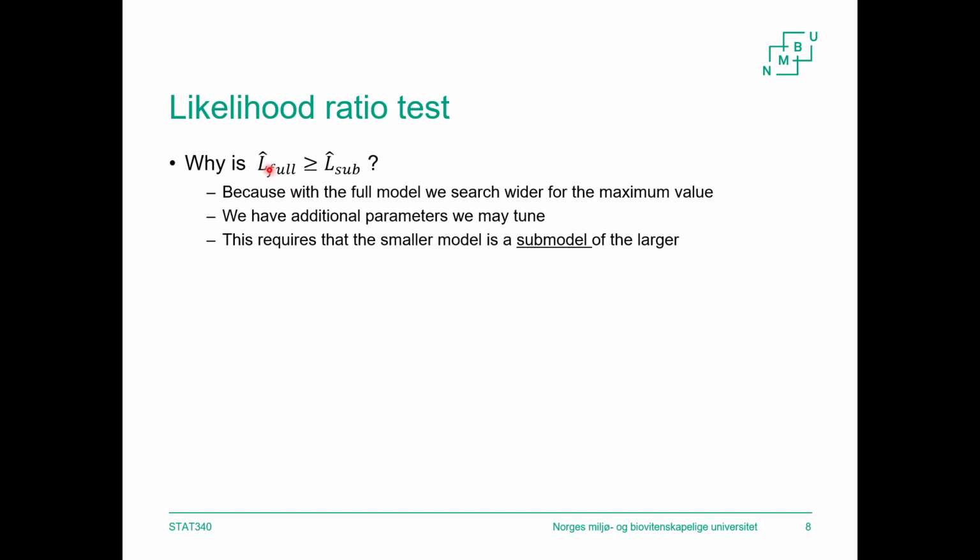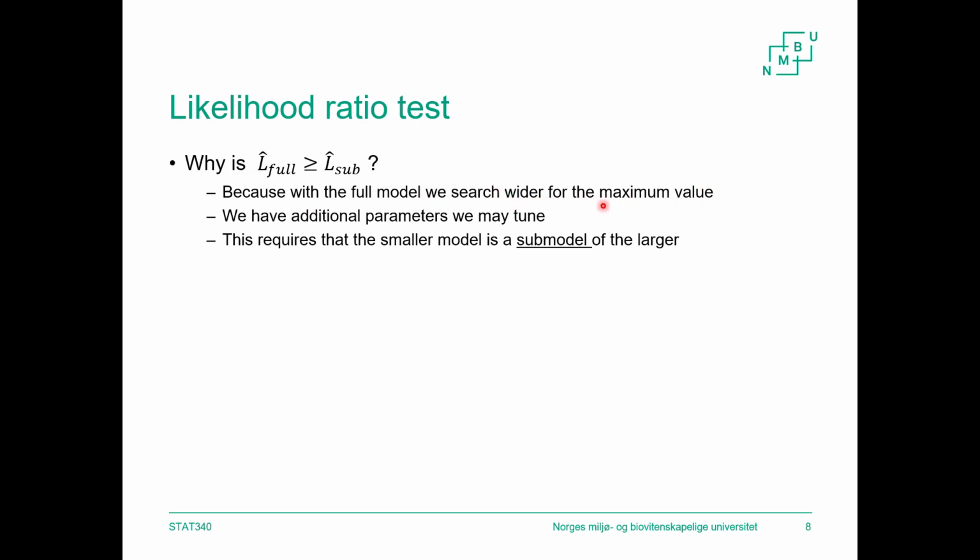So this is exactly why you always have this condition here. The likelihood value for the bigger model is always at least as big as the likelihood value for the smaller model. Because with the full model, we search wider, think of it as a bigger terrain.